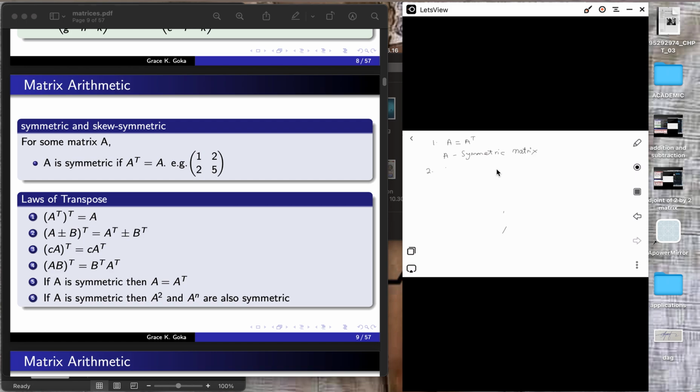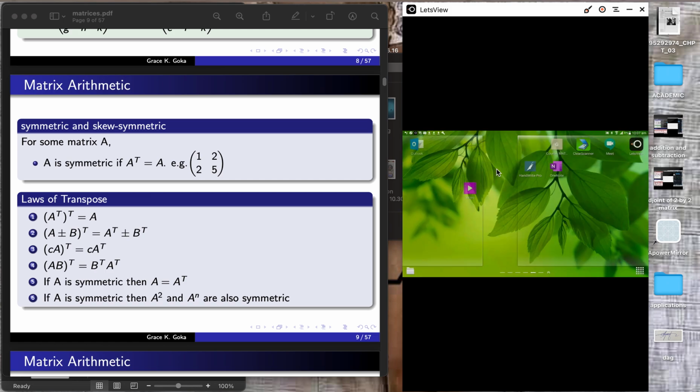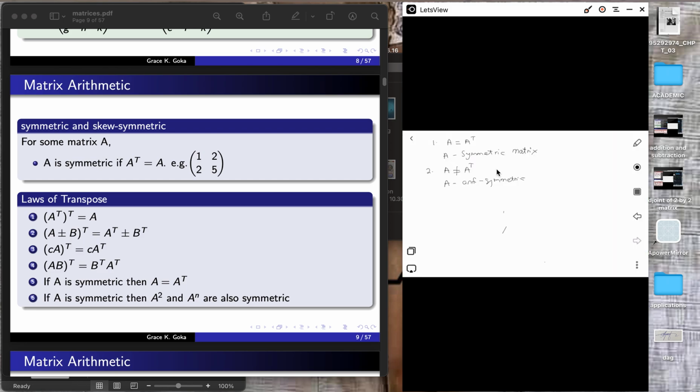Two, if A is not equal to A transpose, then A is called antisymmetric matrix.